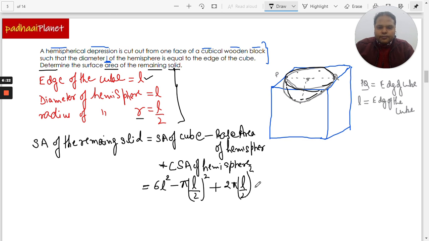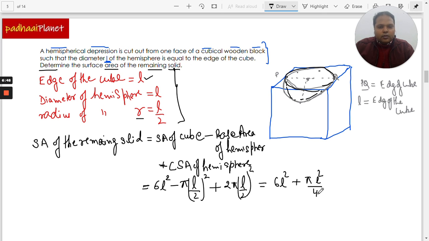So we can now write 6L squared, and 2 pi L over 2 whole squared minus a single pi L over 2 whole squared. So this is 6L squared plus pi L squared over 4.